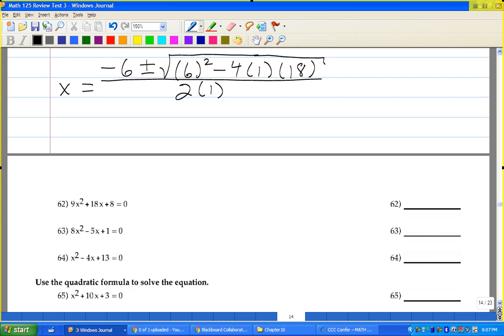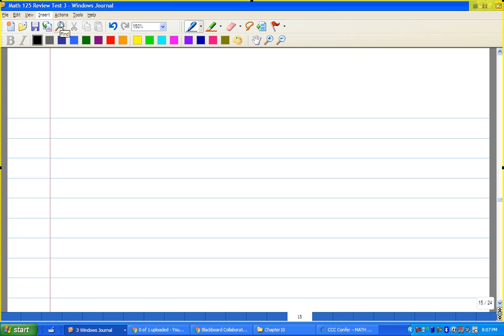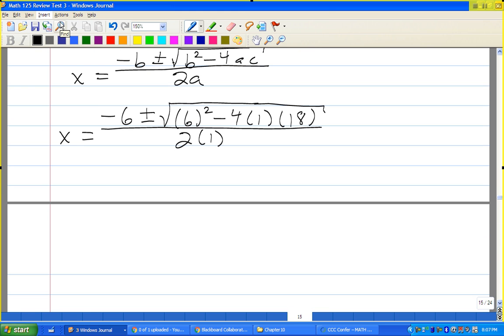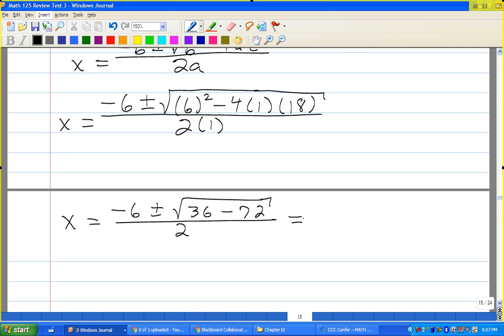Okay, so maybe let me add another page. So I have x is equal to negative 6 plus or minus 6 squared, which is 36, minus 4 times 1 times 18, 72, all over 2. So I get a negative 6 plus or minus the square root of 36 minus 72, negative 36 over 2.